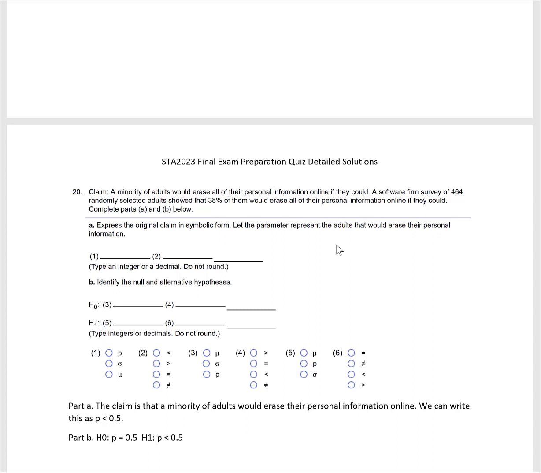So the original claim is going to be a minority, so that's going to be p less than 0.5. Then identify the correct null and alternative. The null is going to be that p is equal to 0.5, and our alternative rather is going to be p less than 0.5.